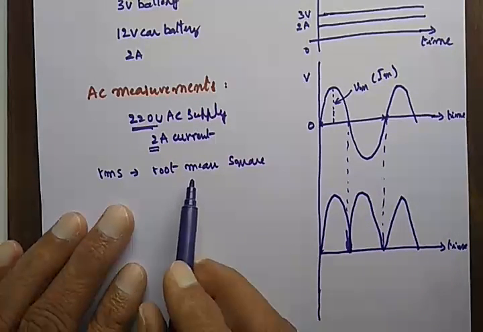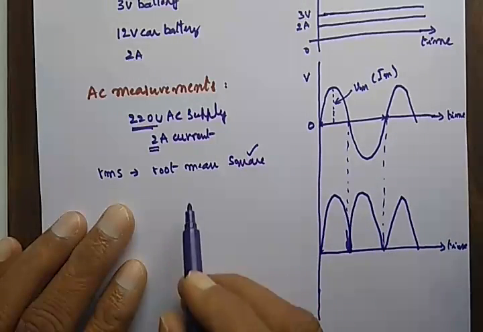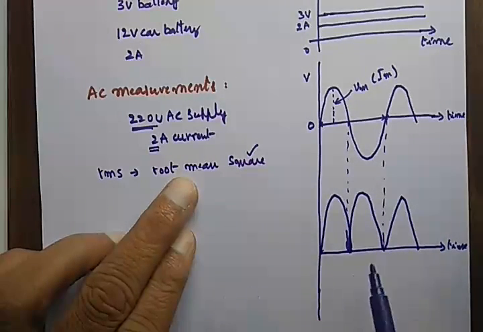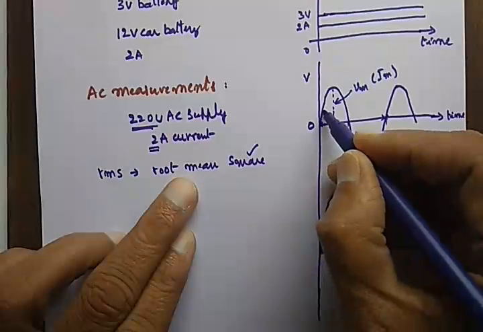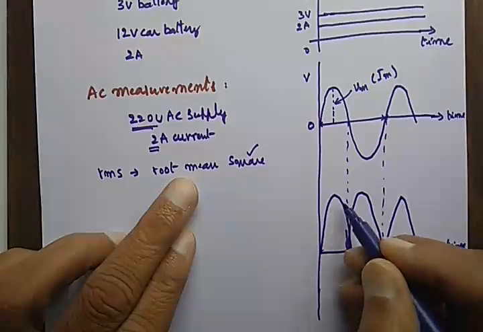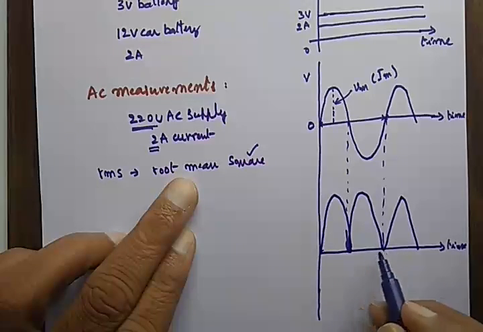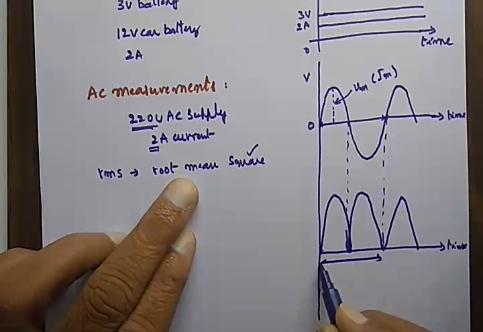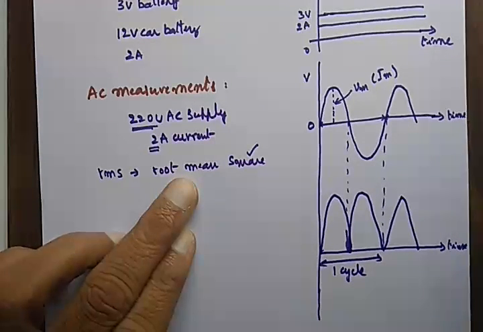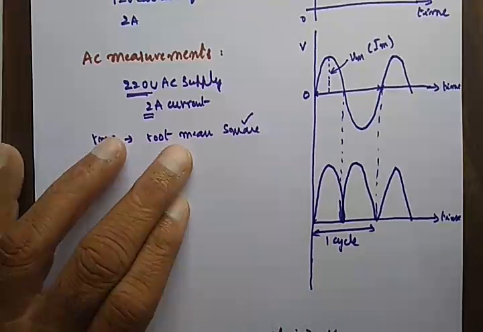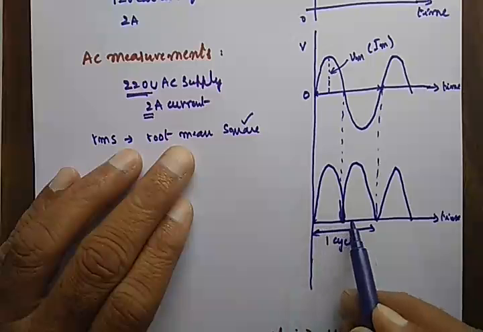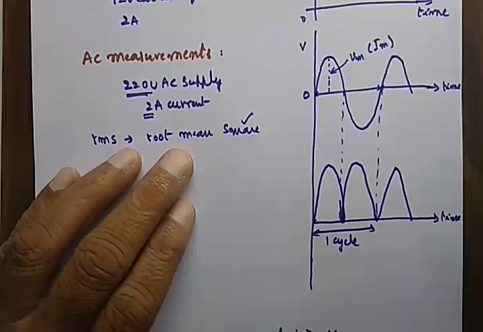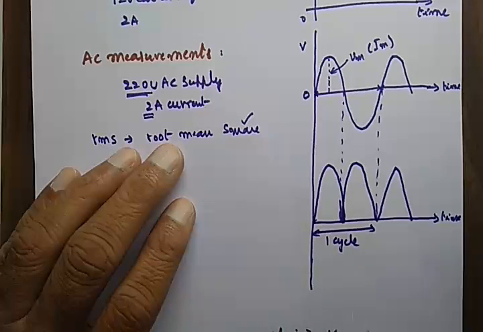Squaring is over. Now I will take the mean of this. Mean means every microsecond I will measure the voltage for one full cycle. That will give you some total value. Now everything is positive. You divide the total value by how many samples you have taken, and you get the mean. It is from statistics.